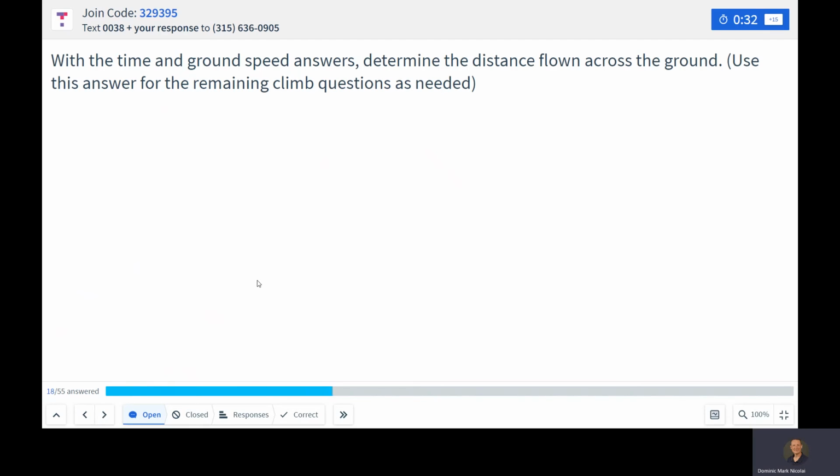Using your flight computer, you set your rate at 129 knots and look for 20 minutes on the scale. Otherwise, you use the formula: distance equals speed multiplied by time.